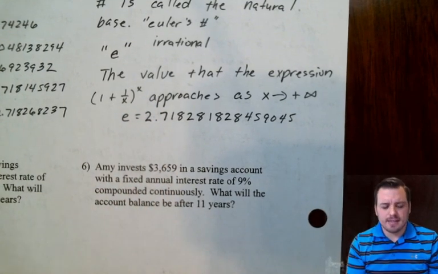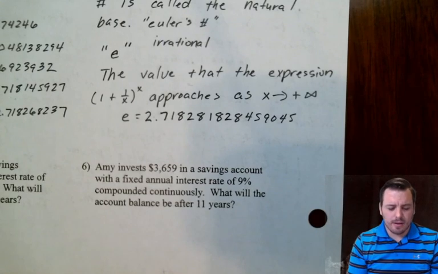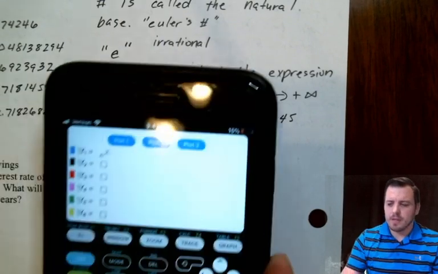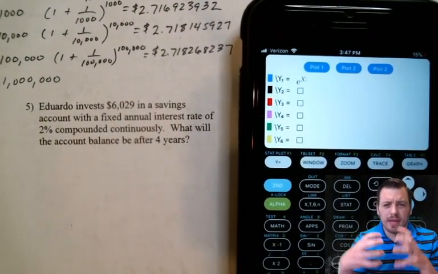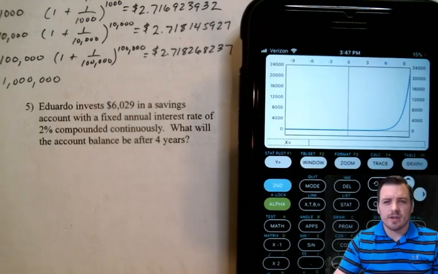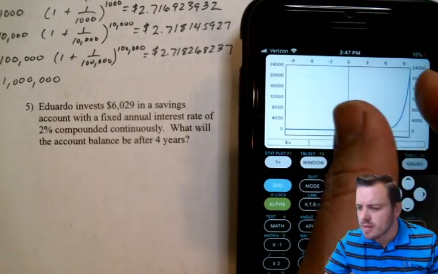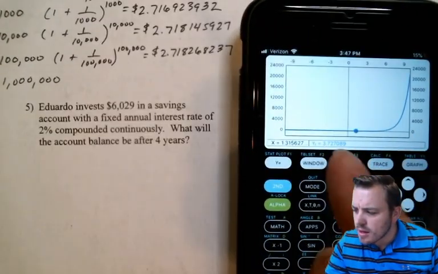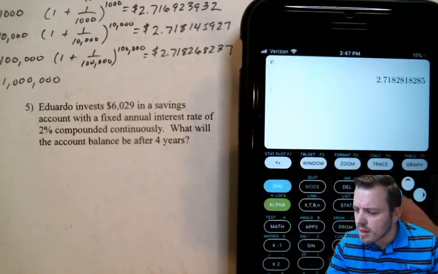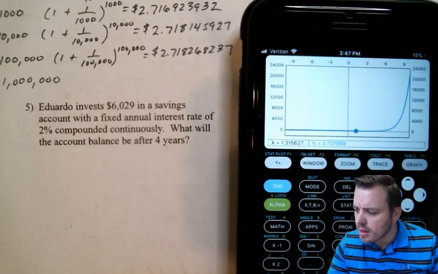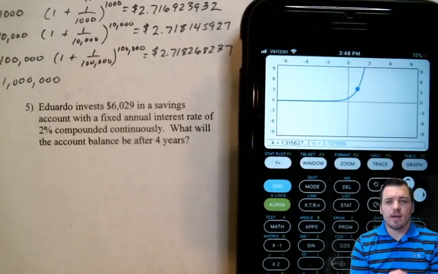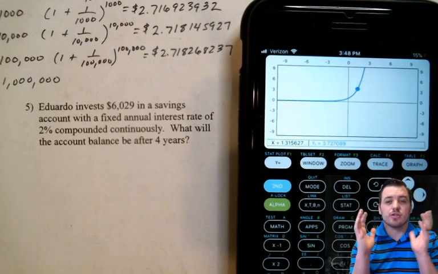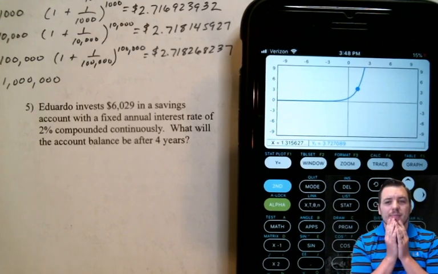And then you'll see in the days to come that there is e raised to the x power. So if you have your calculator and you do e raised to the x power, it's going to give us an exponential graph. And that's what e raised to the x power looks like, which should be extremely close, guys, to what we've been seeing thus far.